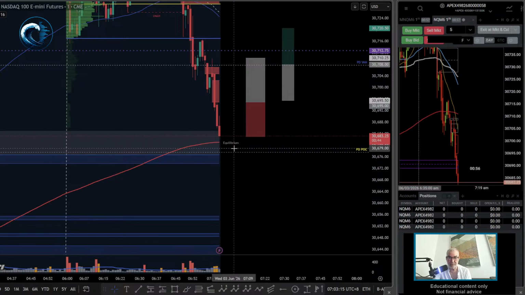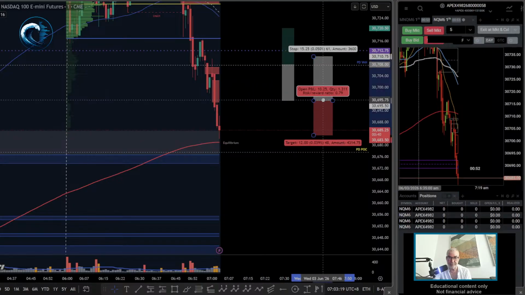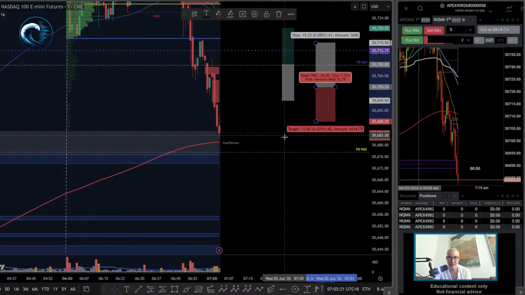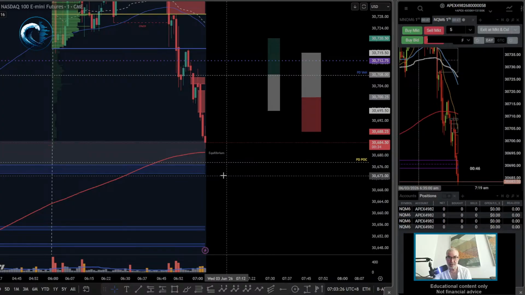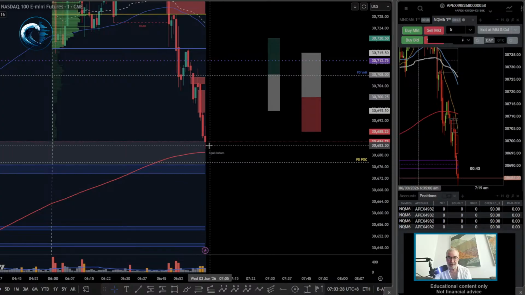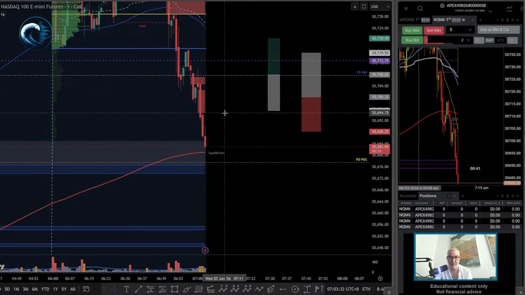It looks like it's going straight down. So now I change my plan. If it comes down here and sweeps here, and then goes all the way back up, I'm still bearish.